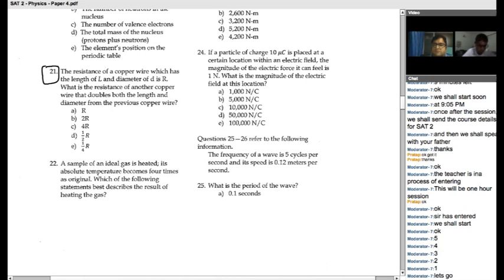I just gave a quick reading and it says the resistance of a copper wire, with the length and diameter doubled. If the length and diameter are doubled, I assume that resistance may decrease. But by what factor?